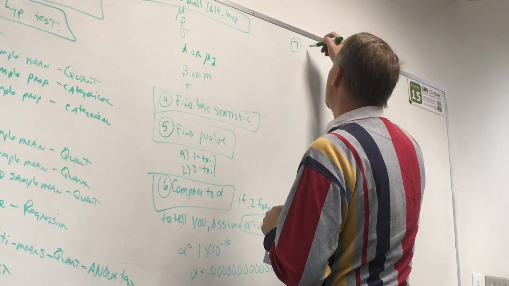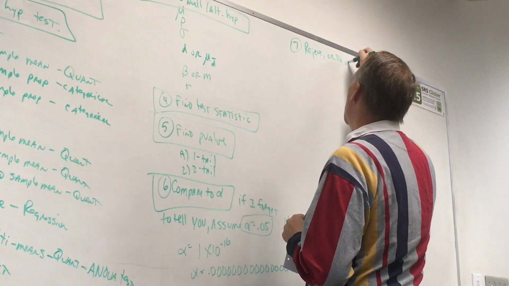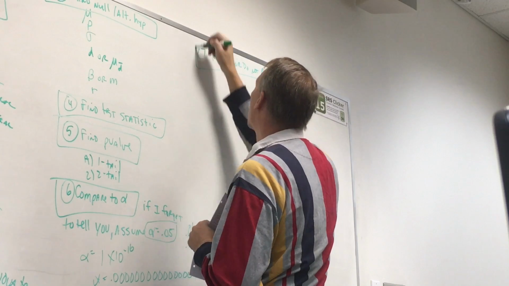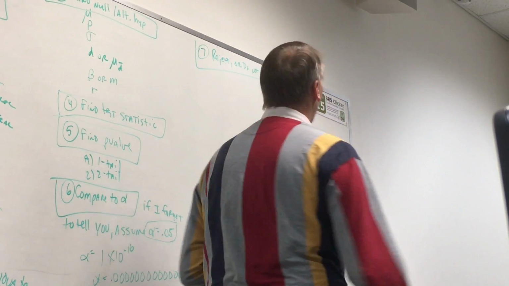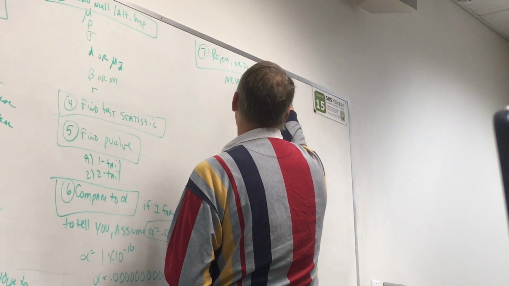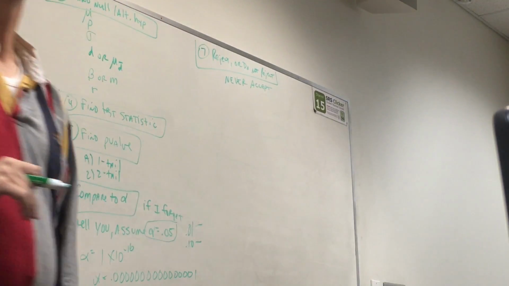Number 7, you're going to decide, am I going to reject or do not reject? We never use the A word because we could be wrong.